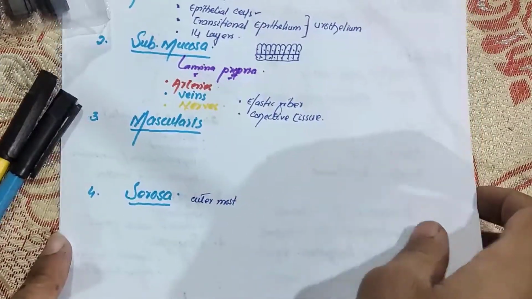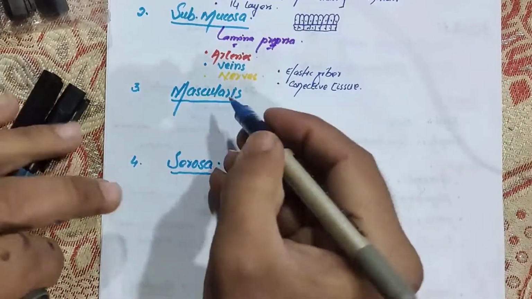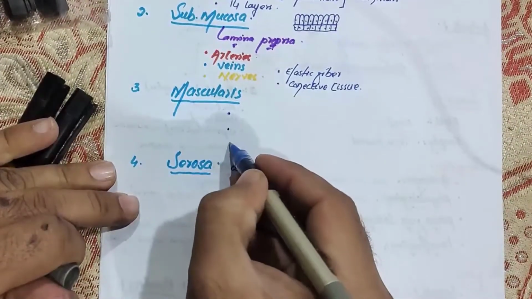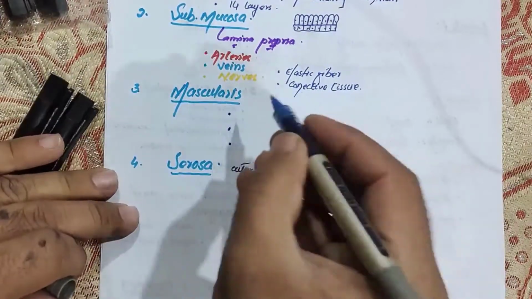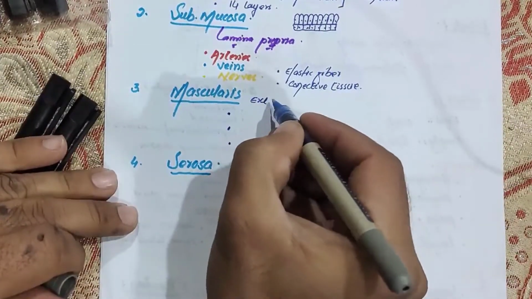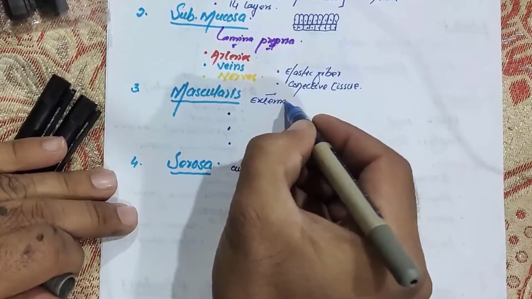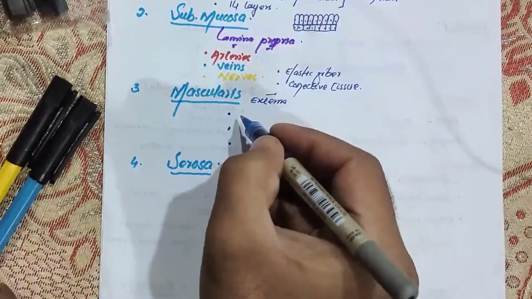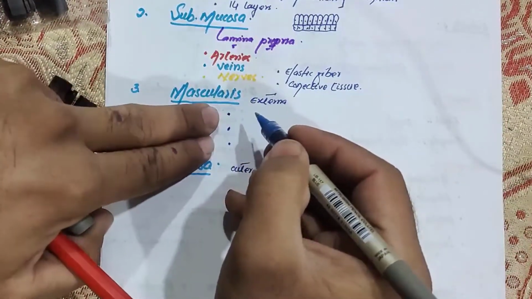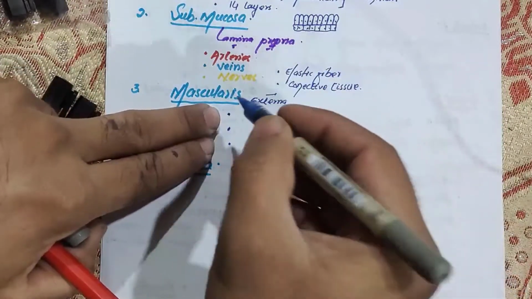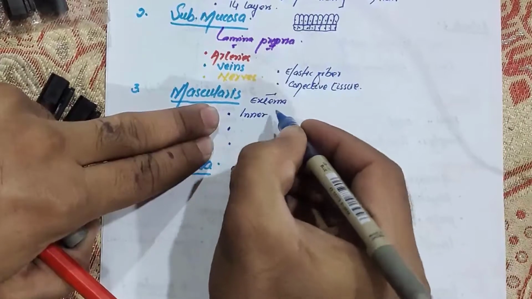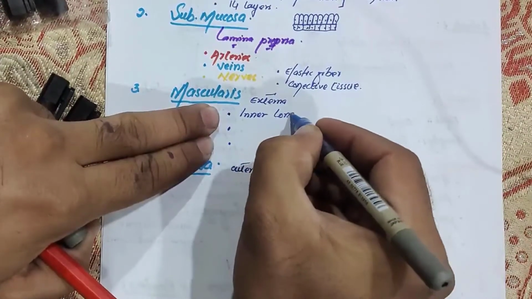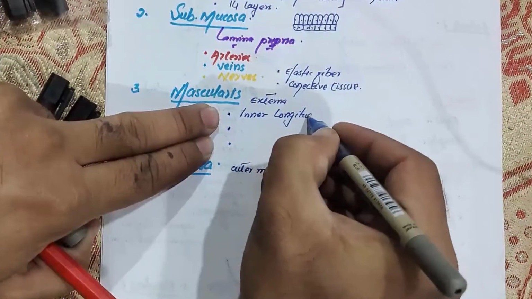Then there is the muscularis layer. The muscularis layer is composed of three groups of muscles. We also call it the muscularis externa, or just muscularis. There are three layers of muscles around your bladder. In the muscularis layer there is an inner longitudinal layer, I will show you in the diagram.